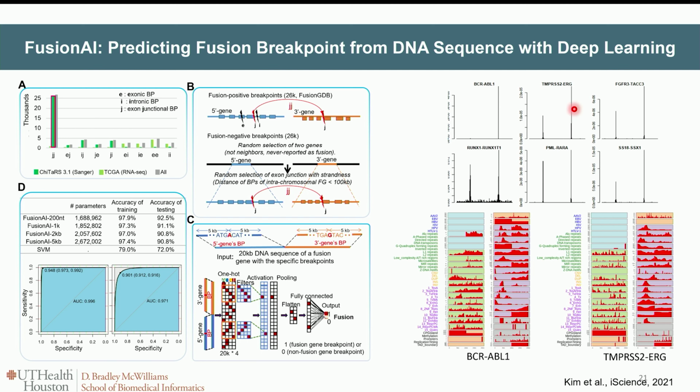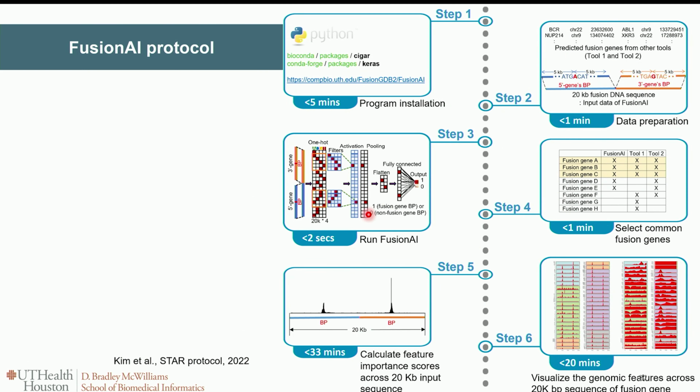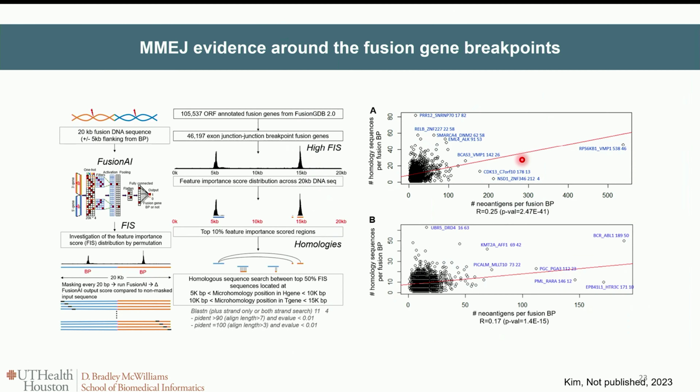These show the top 1% feature importance score regions. By invitation of STAR Protocols, we published this protocol. And utilizing this approach, I found that Fusion AI includes the key features of a fusion gene breakpoint.